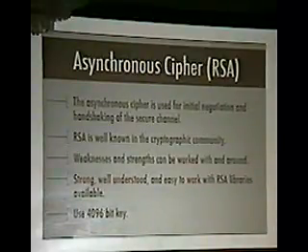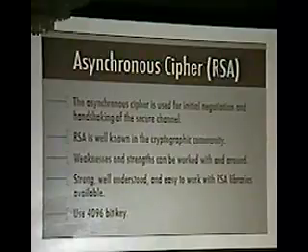Moving on, we need to talk about the asymmetric cipher. As I've said before, the asymmetric cipher is used for initial negotiation and handshaking of a secure channel. We picked RSA because it is well known in the cryptographic community.